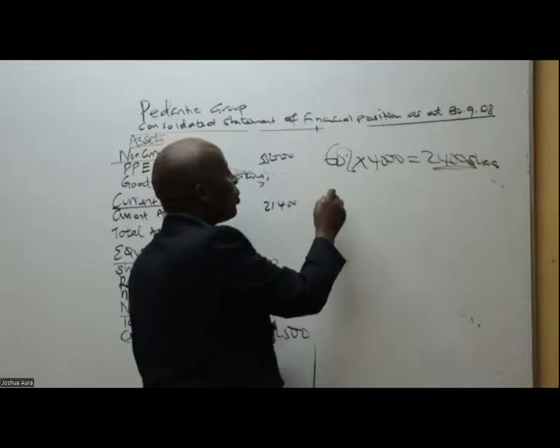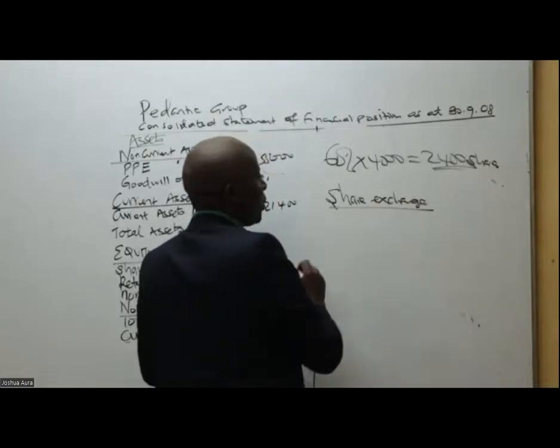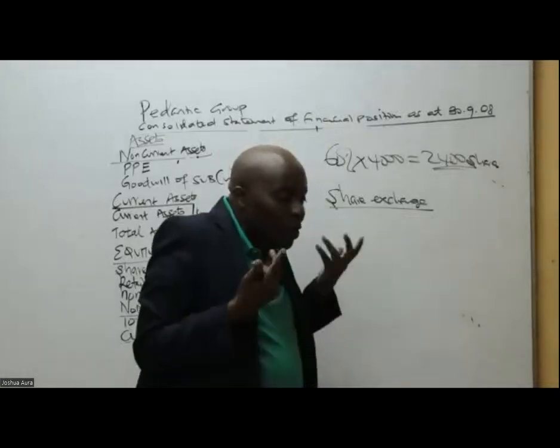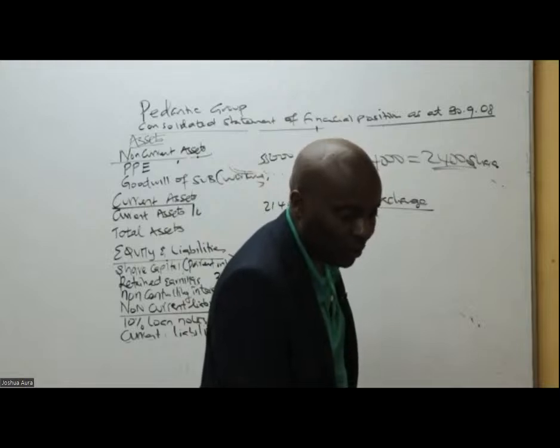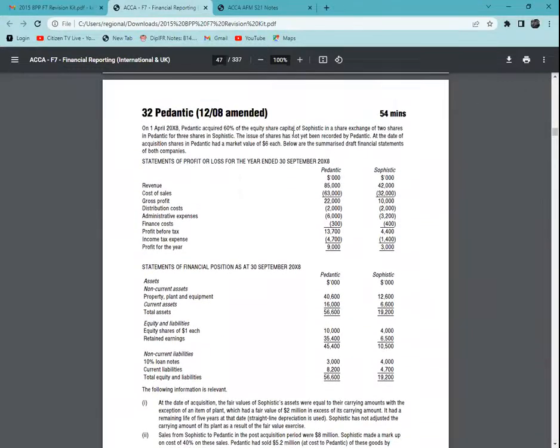I love this. Look at the share exchange. Because the parent gave out shares instead of money, I would want to know how many shares the parent gave in return. This is quite critical. They have told us that on 1st April 2018, Pedantic acquired 60% of the equity share capital of Sophistic in a share exchange of 2 shares in Pedantic for 3 shares in Sophistic.